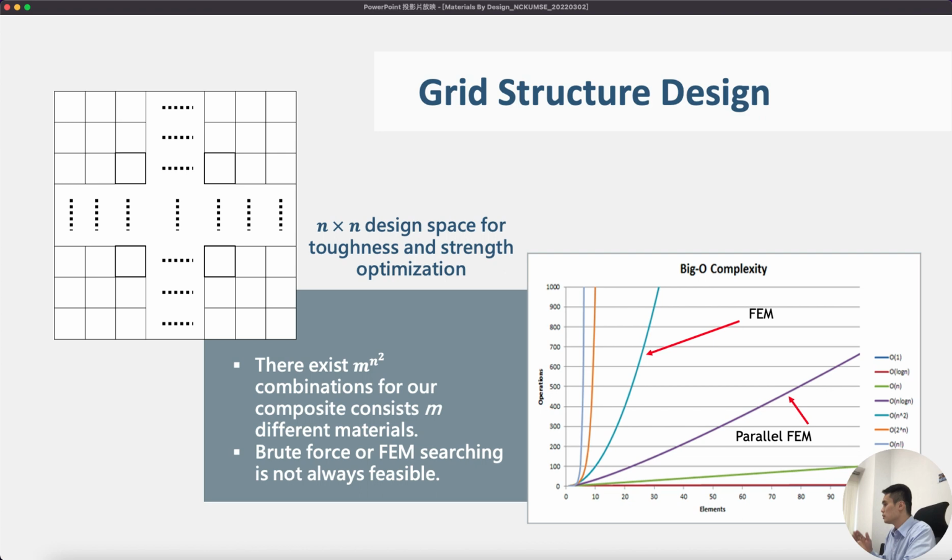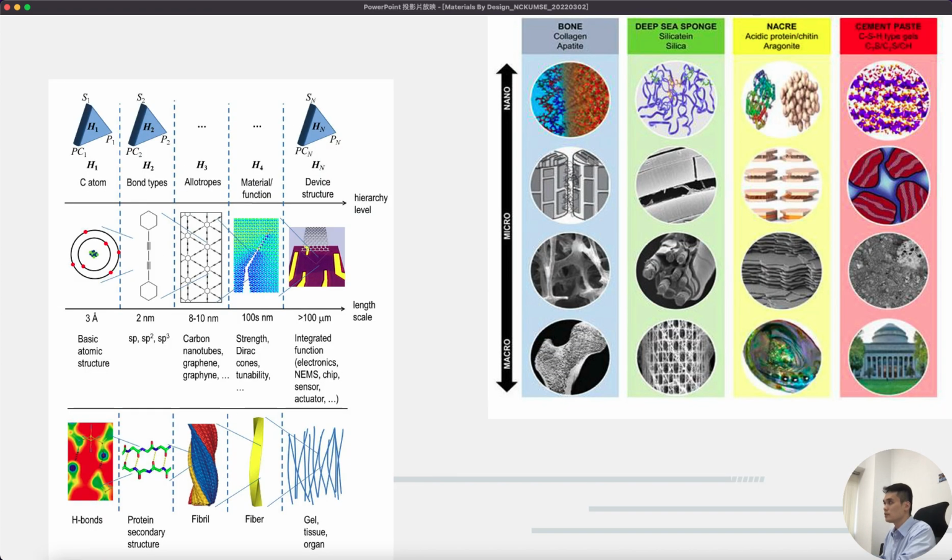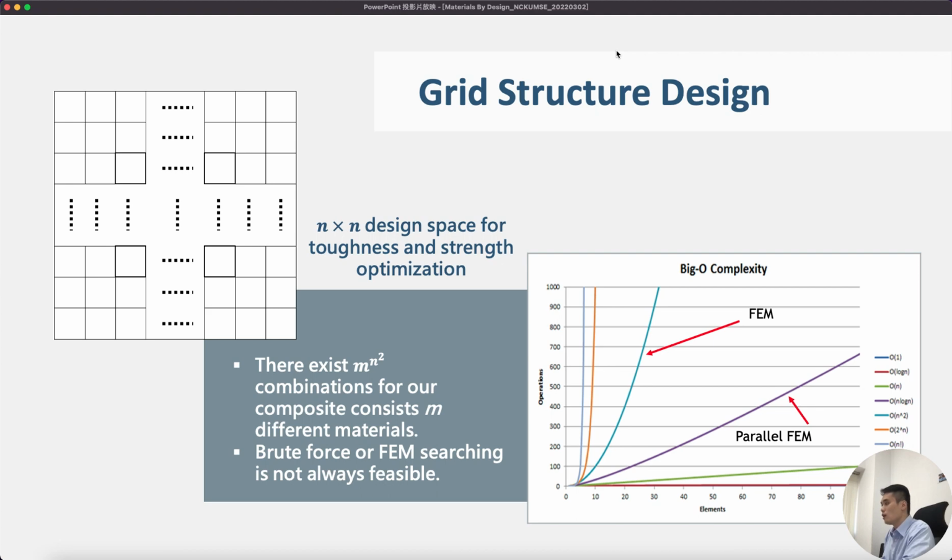We have two materials from previous, like this one. We have hydroxyapatite and collagens. One is for a tough, strong material, the other one is for a compliant soft material. Just have a binary distribution of them. So you can have an M times M design space for toughness and strength optimization, right?